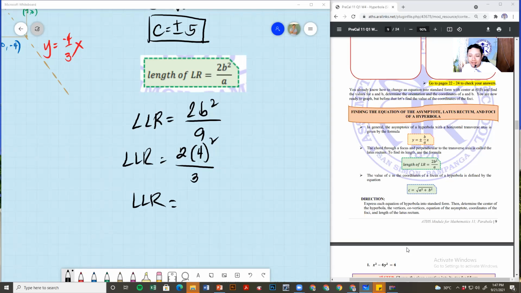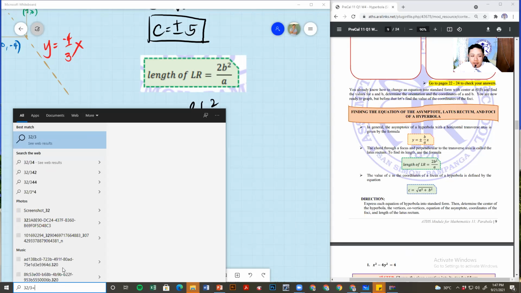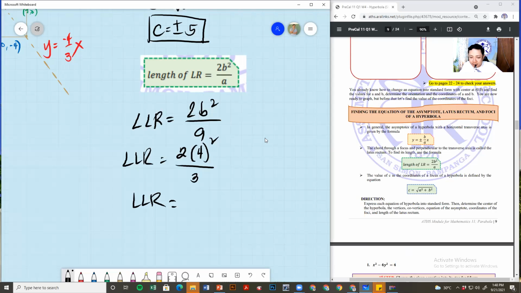Ano kaya ang tamang sagot? 4 squared is 16. 16 times 2, so that's 32. 32 divided by 3 equals 10.67. Ayun, no, tama. So that is 10.67. So this is our length of the latus rectum.